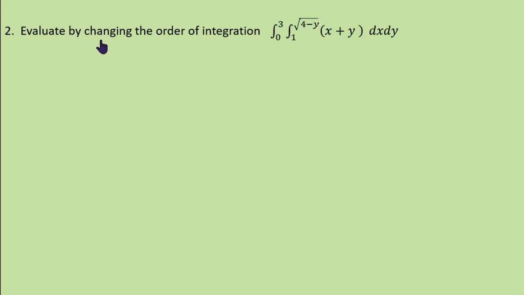Next one: evaluate by changing the order of integration. Y varies from 0 to 3, and for each y, x varies from 1 to root 4 minus y, integrating x plus y. First take the x and y axes.